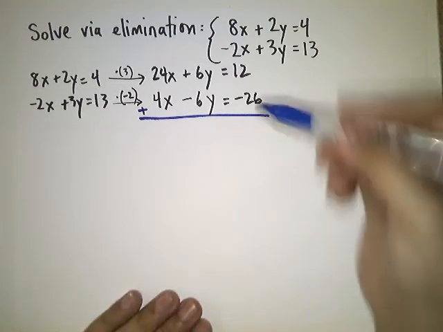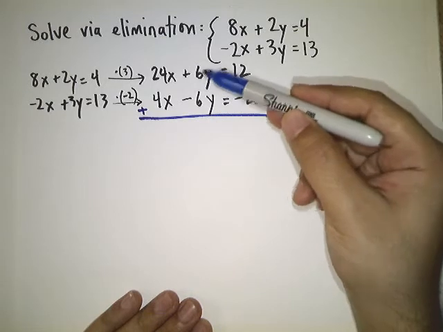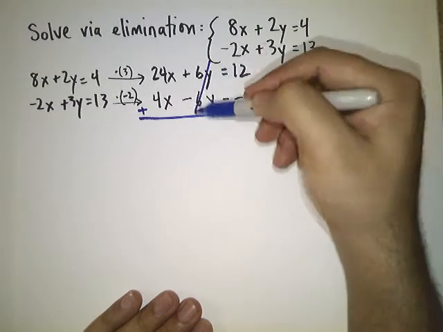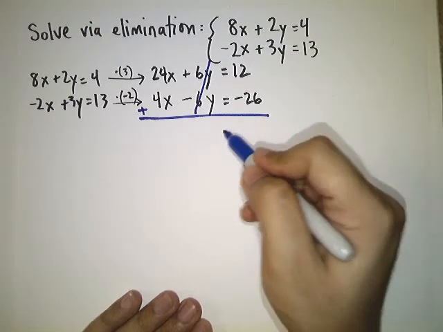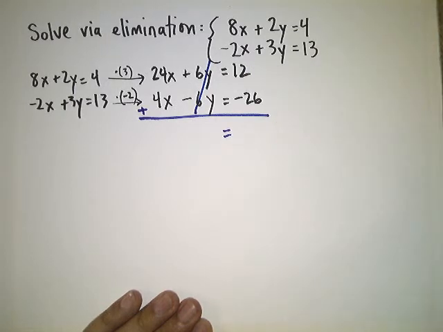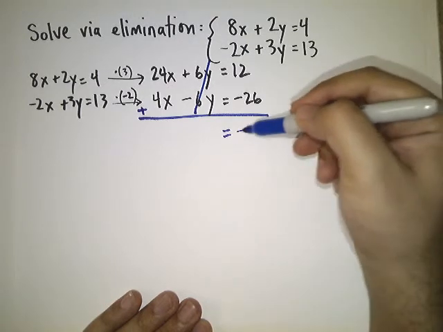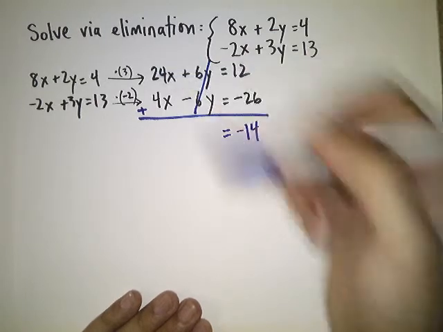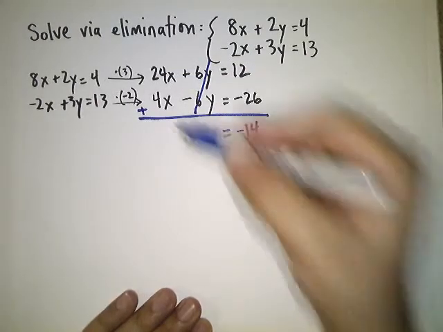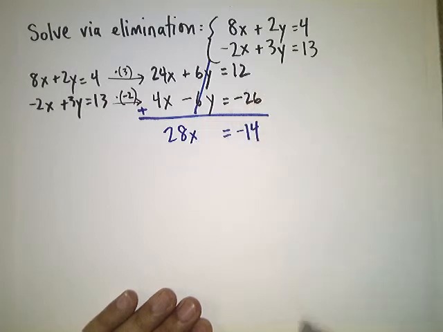Well, first off, we know our 6y and our negative 6y are going to cancel out. That's nice. 12 minus 26, you can use the calculator for that if you'd like. 12 minus 26, negative 14. 24x plus 4x, well, that's going to be 28x.